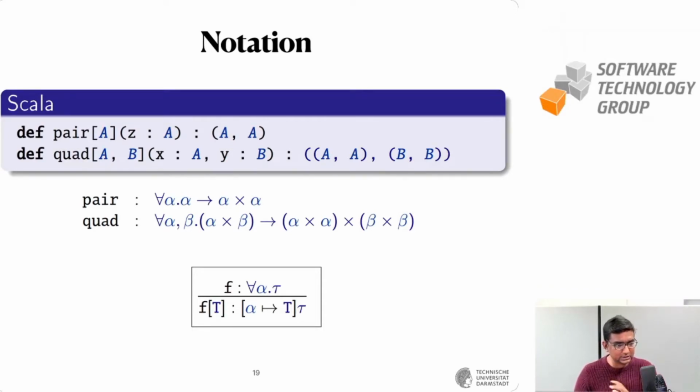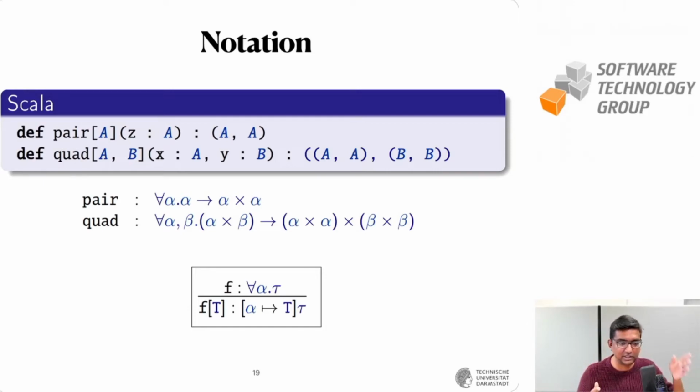Now let's formalize all of this a little bit, right? So if you have a function f, which is defined as for all alpha tau, tau is here essentially the type of your function itself. It can be anything. F, when it is parameterized with the type t, would essentially be the substitution of alpha with t.